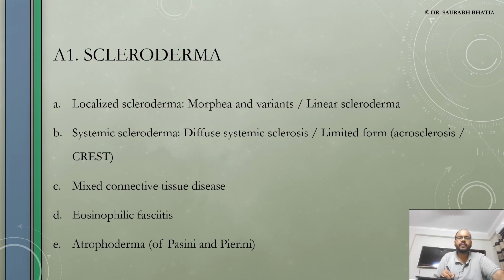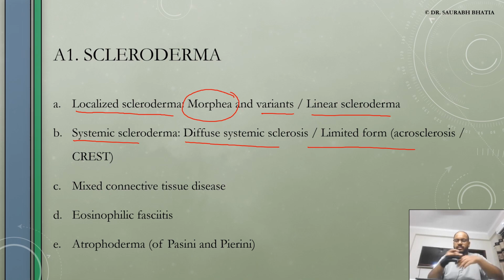Now, scleroderma can be divided into, number one, localized scleroderma, in which you have morphea along with its variants, or linear scleroderma. In systemic scleroderma, you have diffuse systemic sclerosis, or the limited form of systemic sclerosis, which is there on the fingers majorly, or the CREST syndrome. If you know the full form of CREST, mention that in the comments.